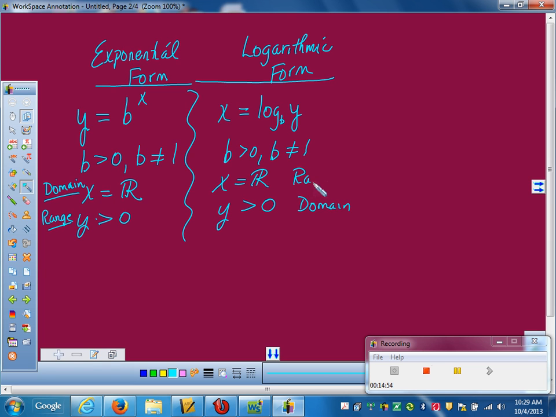So your domain and your range have switched places when you go between exponents and logarithms. That's the difference.